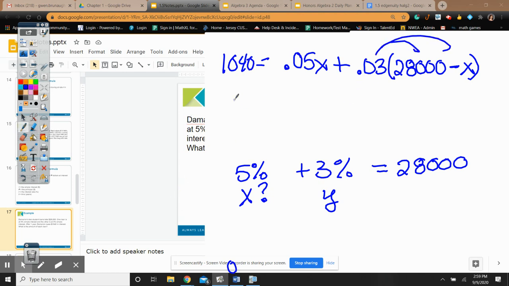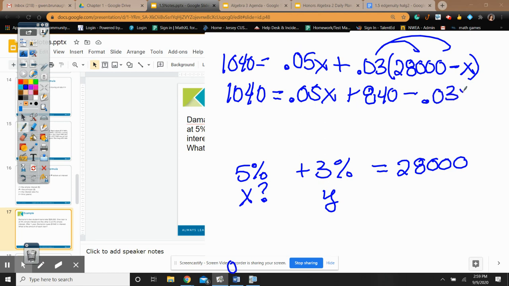So we're going to distribute here. 1,040 is 0.05x plus 0.03 times 28,000. That's 840 minus 0.03x. Let's combine like terms. That's 0.02x plus 840. That equals 1,040.